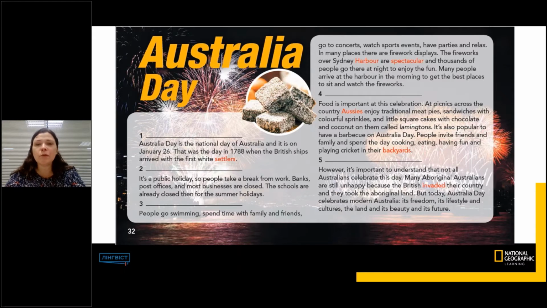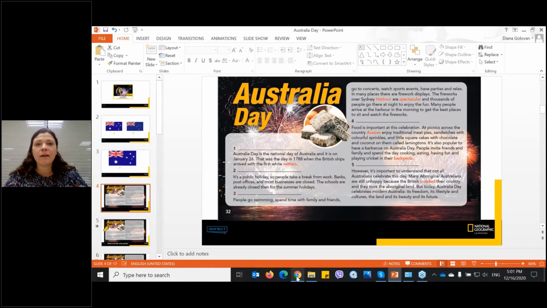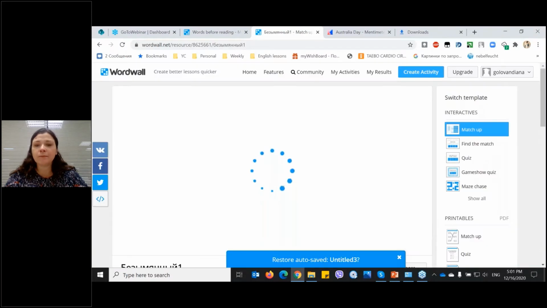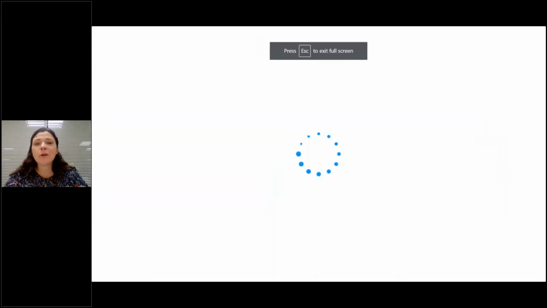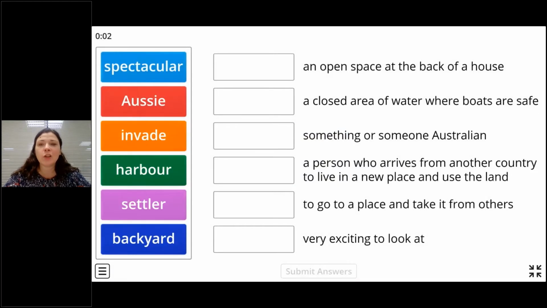Now let's move to some practice. What we are doing now, please work with me. I give you some time to look at the colorful words: spectacular, Aussie, invade, harbor, settler, backyard, and definitions of these words.